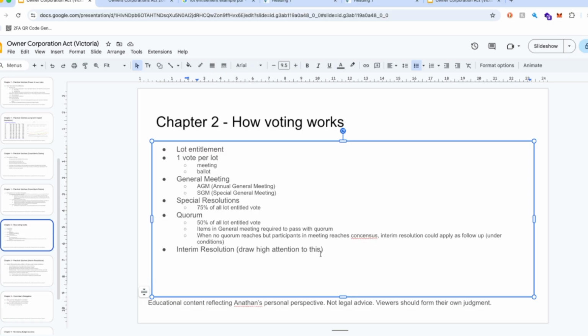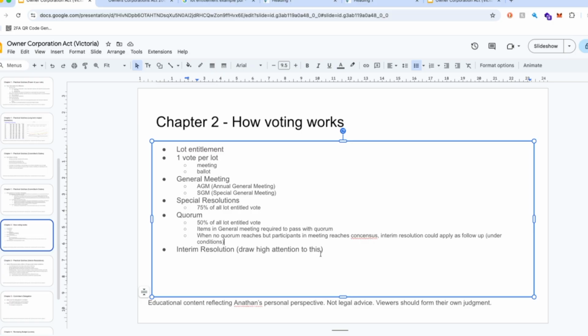Because if there's one person who doesn't participate, does that mean the item doesn't go through? That probably doesn't make sense, right? It could be too harsh for the owners. Let's say it's an item in the interest of all the owners, and just because one person doesn't give the effort to participate in the voting, then it's a loss.